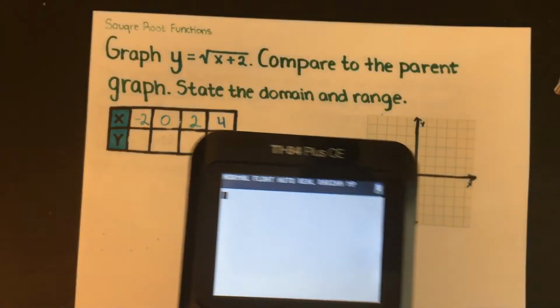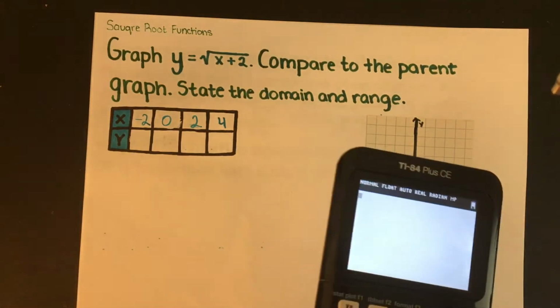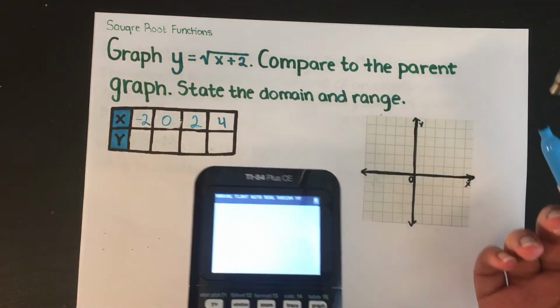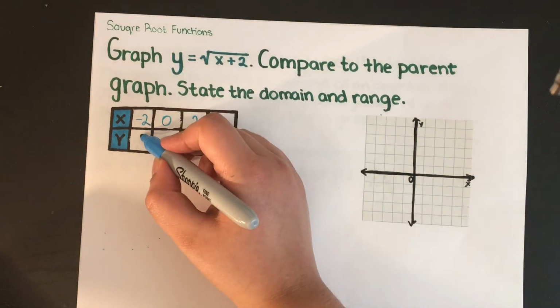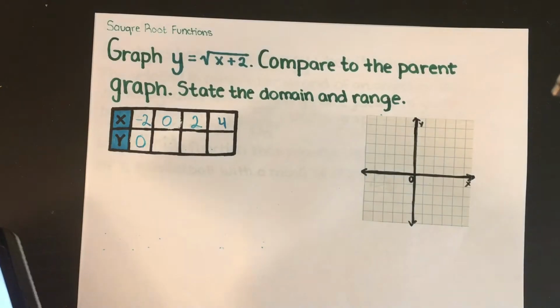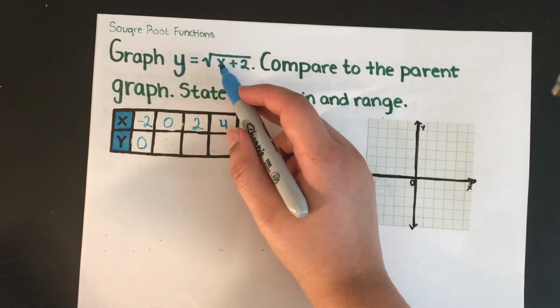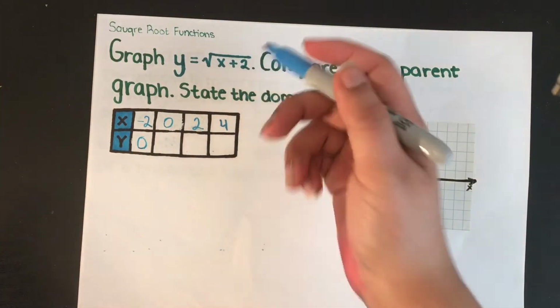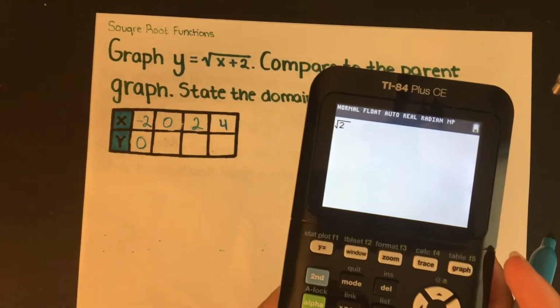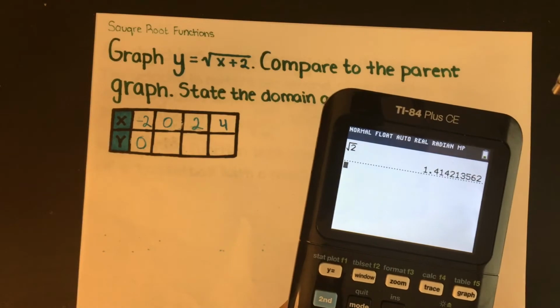So, first, let's find out. Negative 2 plus 2 is 0. The square root of 0 is 0. So, our answer here would be 0. Then, if we subbed 0 for x, that would be the square root of 2. The square root of 2 would be 1.4.